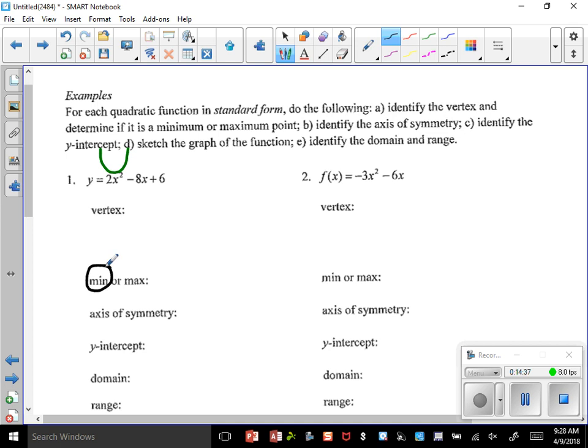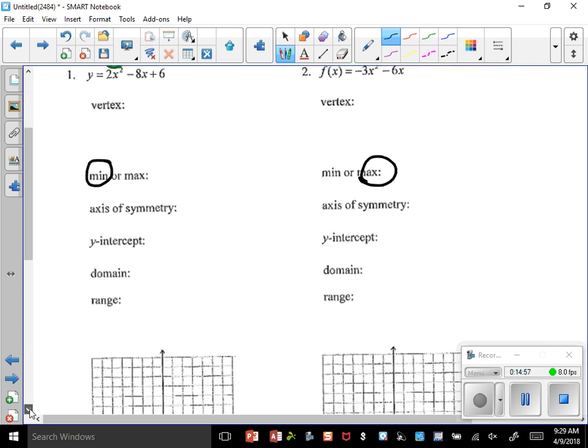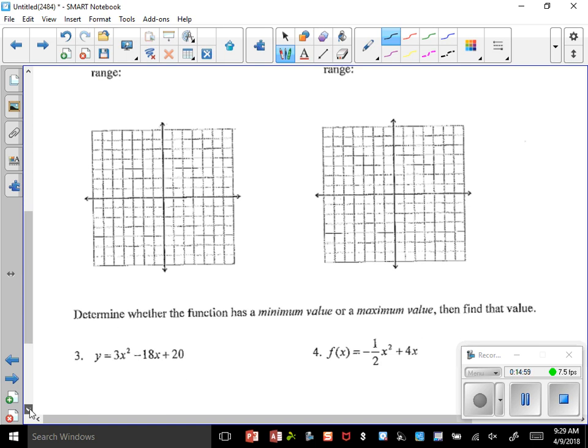I mean, you can do that without even putting it on the calculator. Okay, look at number 2. Since a is negative, so that's going to be going downward. So now my vertex is going to be min or max? Max. Very good. Okay, and we'll do all the filling in the other stuff in a few minutes.